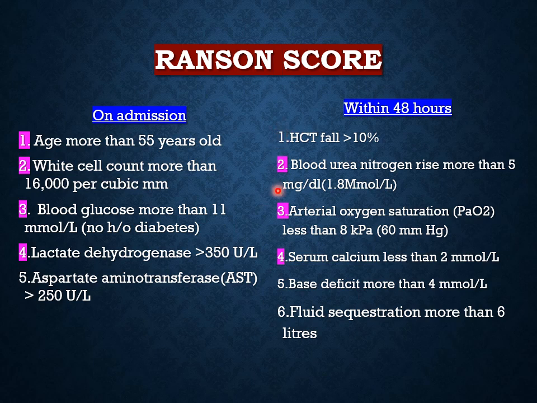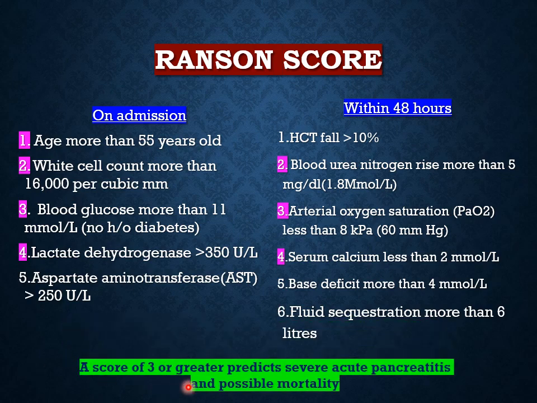So if any of these is positive, then the patient is given 1 point for each factor. And together, if the total score is less than 3, then the acute inflammation is considered mild. If it is more than 3, then it is considered moderate to severe acute pancreatitis.